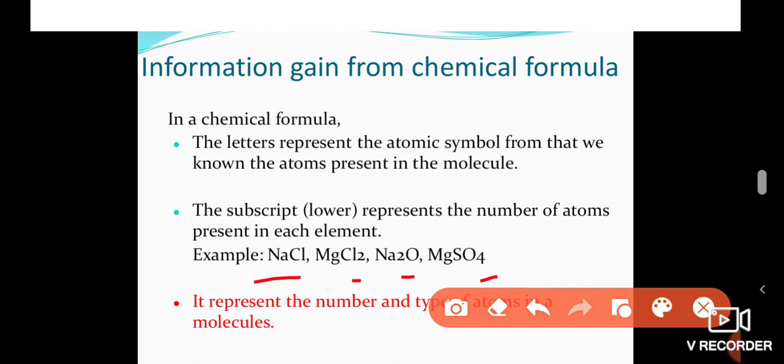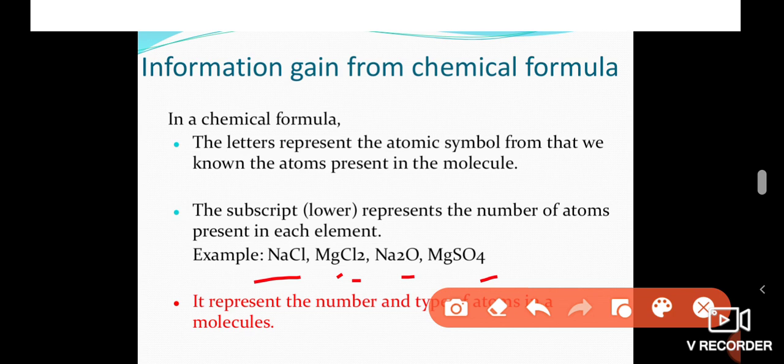And look at the second example, MgCl2. Mg denotes what? Magnesium. Cl denotes what? Chlorine. After Mg there is no number, that means there is no subscript, so it indicates only one magnesium atom is involved in the molecule.